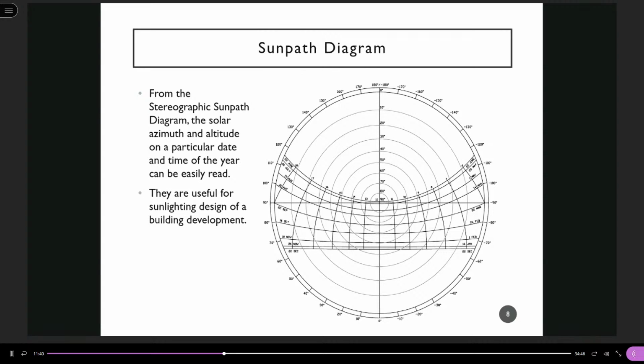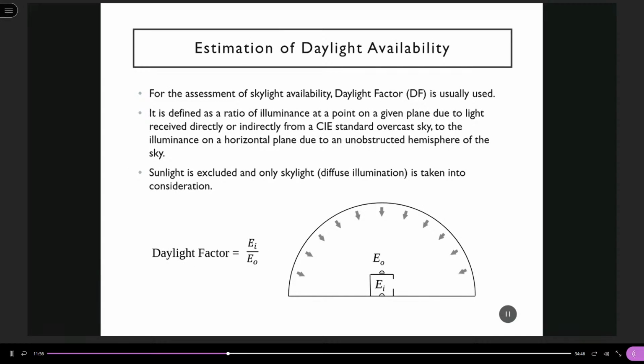In the beginning of the lecture, we mentioned that daylight can be treated as sunlight and skylight, right? So the sun path diagram tells you the sunlight availability. How about the skylight? For skylight availability, we use the parameter daylight factor.